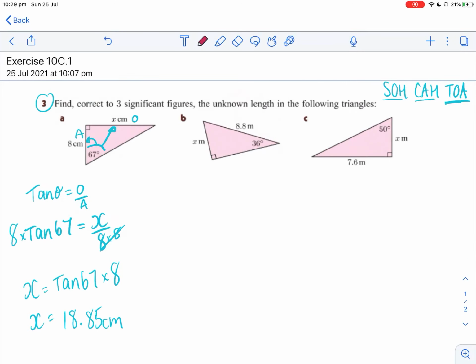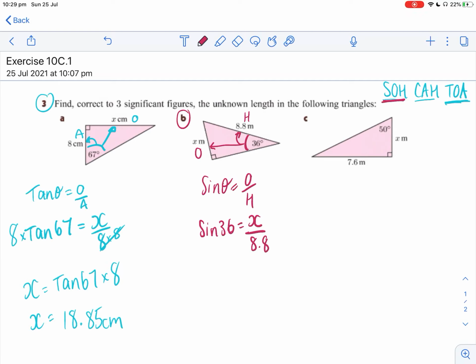Okay, looking at 3B now. Again, I've got my angle here. This 8.8 is my hypotenuse and x is my opposite. So I'm going to be looking at sine theta is opposite over hypotenuse, which is sine 36 is x over 8.8.